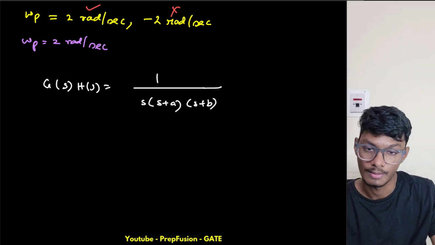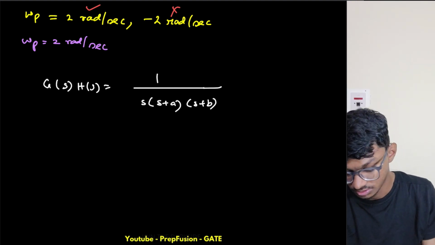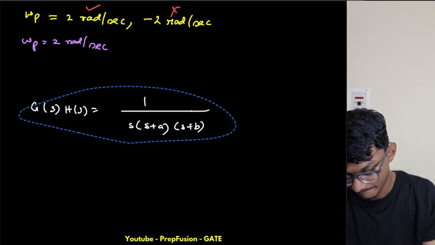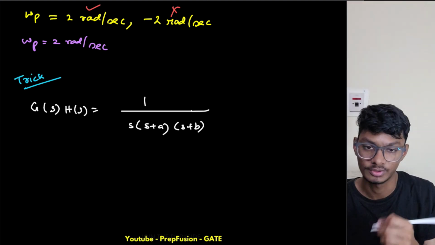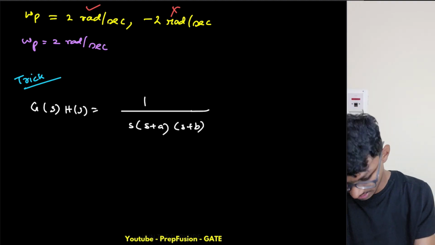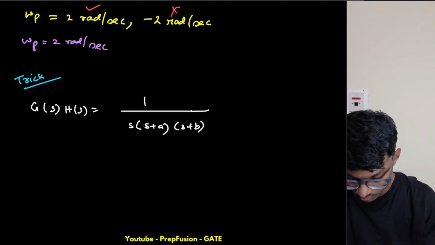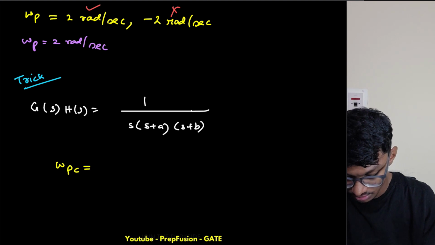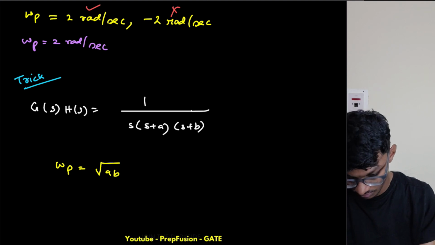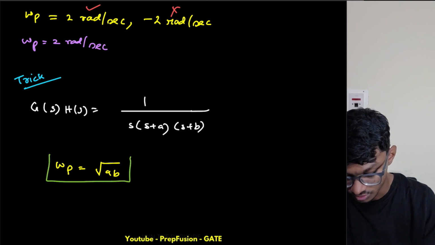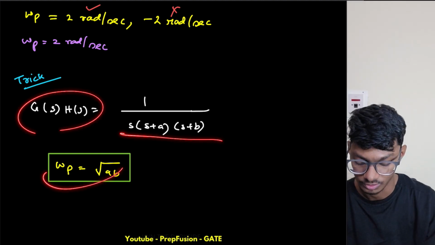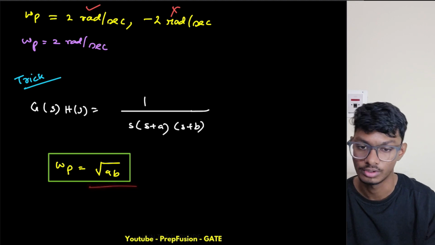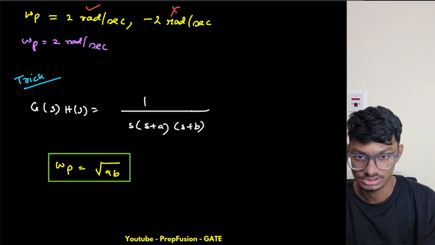You can put this formula in your short notes, for the people who are very good at memorizing. If my open loop transfer function is in this form, omega P will always be the square root of ab.